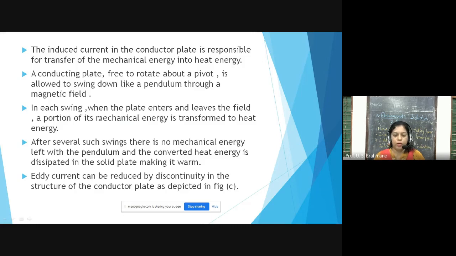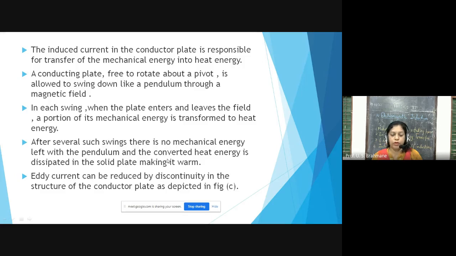In each swing, when the plate enters and leaves the field, a portion of its mechanical energy is transformed to heat energy. After several such swings, there is no mechanical energy. As I told you initially, no mechanical energy is left with the pendulum, and the converted heat energy is dissipated in the solid plate, making it warm.